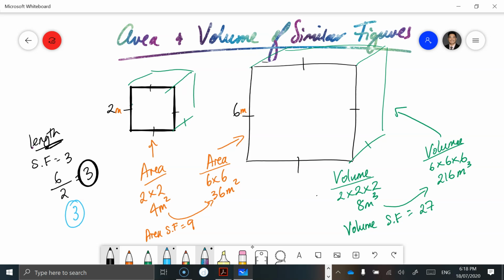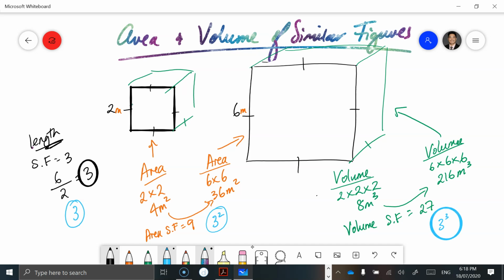Let's revert back to indices and have a look at 9 and think of how we can simplify 9 into index form with a base of 3. This is actually 3 squared. So area is units squared, and squaring 3 makes 9. No coincidence there. Then we know that volume is in units cubed, so what are the chances that 3 cubed is actually 27?